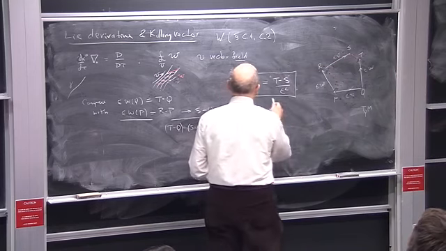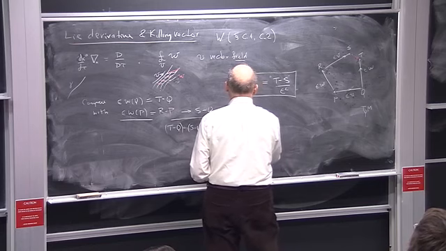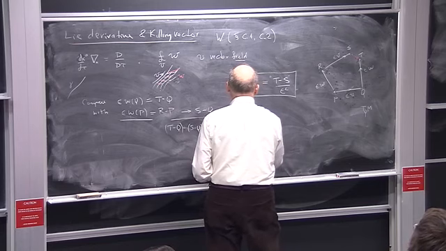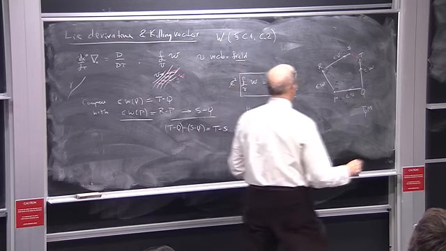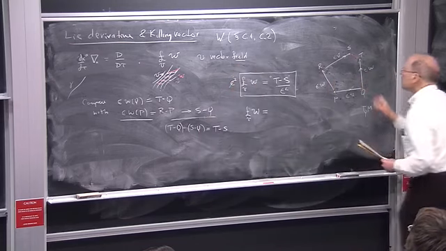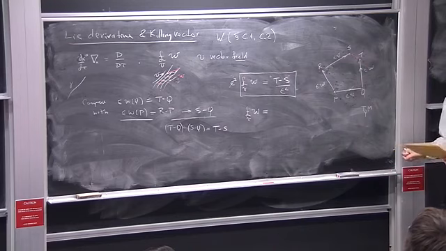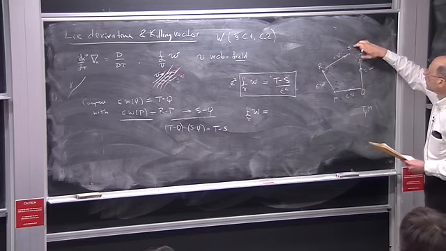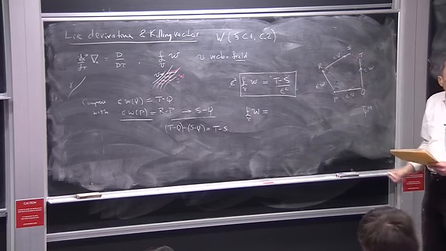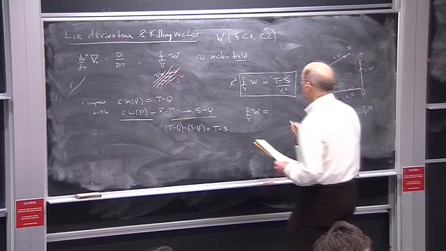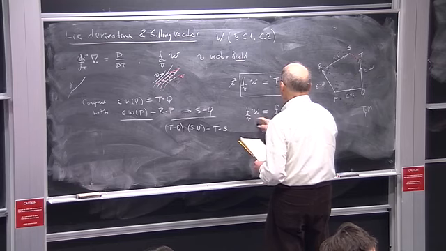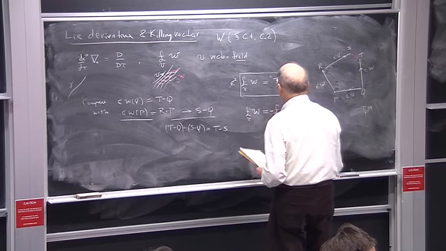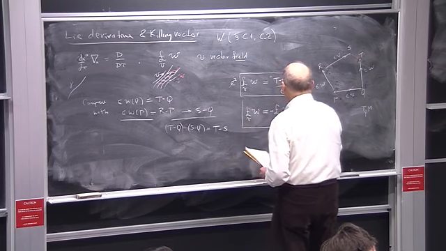So one thing that follows from this immediately is that, as you can see, this picture is symmetric. If I reverse the role of V and W, the only thing that will happen is I'll reverse the role of S and T, and the sign will change. So it follows immediately from this picture that the Lie derivative of V along W and the Lie derivative of W along V are the same except for a sign.